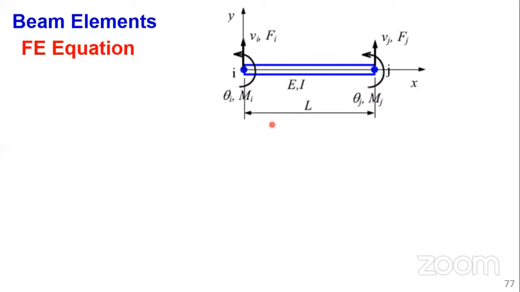We take a beam element like that, and it has two nodes. Per node, we have 2 degrees of freedom, which is theta, rotation, and V, the vertical, transverse displacement.